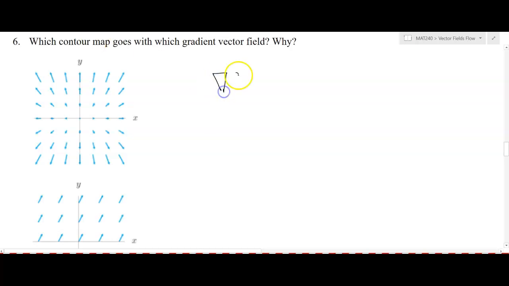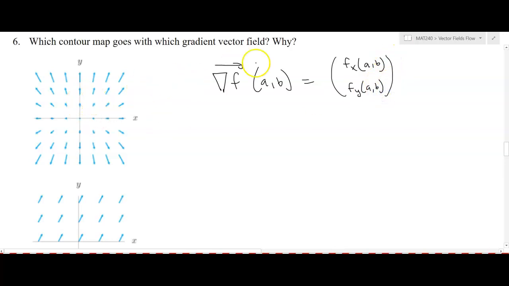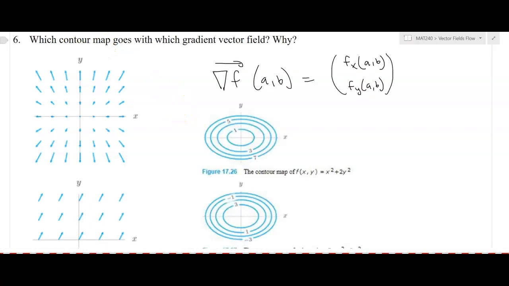So the gradient of f at a point a comma b is the partial with respect to x at the point a, b and the partial with respect to y at the point a, b. And so for every single point, if we compute the gradient vector and calculate its components at every single point a, b, then we're going to be able to generate all of these vectors.